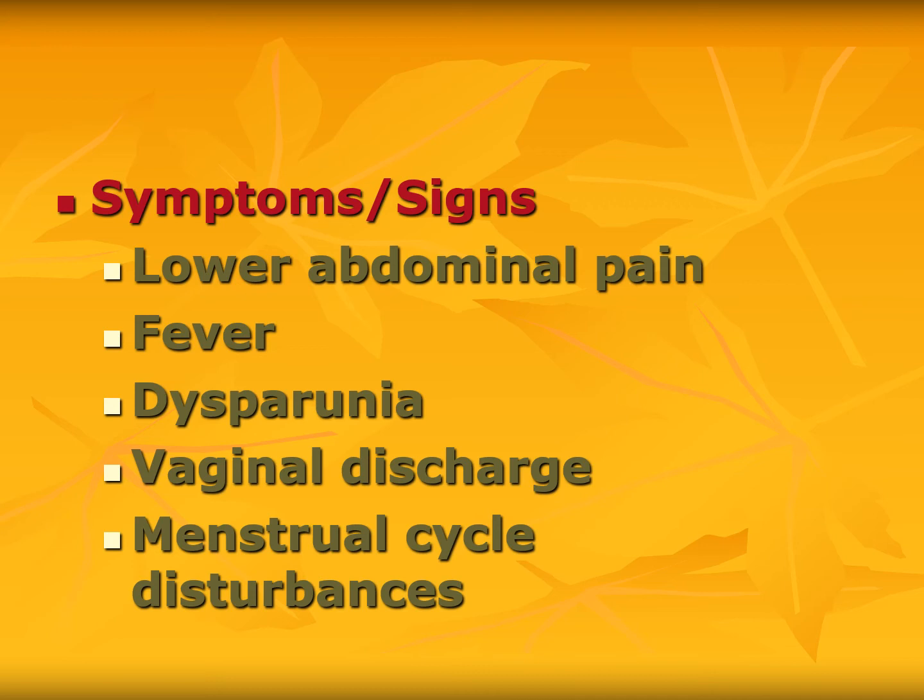There may be disturbances with the menstrual cycle as well, and this may include intermenstrual spotting and increase in menstrual flow. So definitely differences in terms of a female's normal menstrual cycle. The fever is typically over 100 degrees Fahrenheit when it is present.